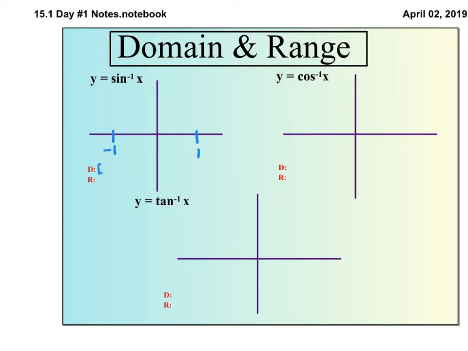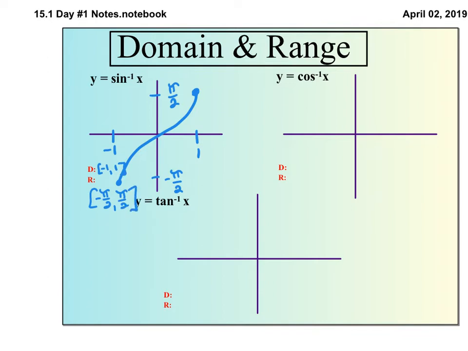So the domain goes from -1 to +1. We restricted sine from negative pi over 2 to positive pi over 2, and if you switch them, your inverse function looks something like that, so that your range goes from negative pi over 2 to positive pi over 2.